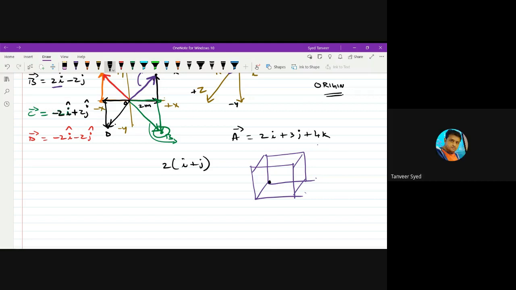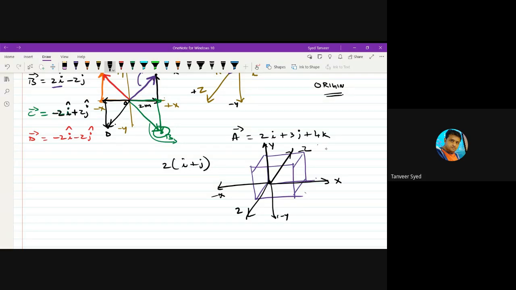So take this corner. This will be your x-axis, this will be your y-axis, this will be your z-axis. And this will be negative x-axis, this negative y-axis, this negative z-axis. These negative axes might go into the adjacent rooms also.